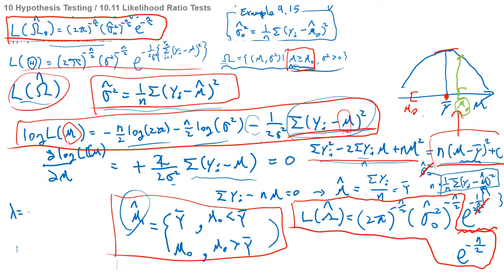Lambda is L omega 0 hat divided by L omega hat, and this value becomes omega hat square divided by omega 0 hat square to the n over 2.